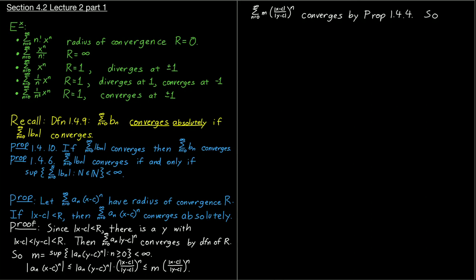So our absolute value series, the sum of |a_n (x - c)^n|, converges by our comparison test, which is theorem 1.4.7.